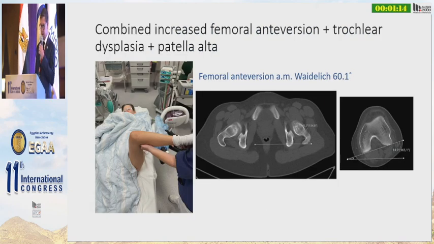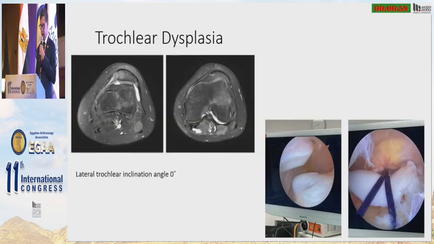This case is a little crazy case. I operated on her Wednesday, and she has, as you can see, severe femoral anteversion, 60 degrees with the Waidelich method. She has also trochlear dysplasia and patella alta. And what I did was, I started out with an arthroscopic trochleoplasty, as you see on the right.